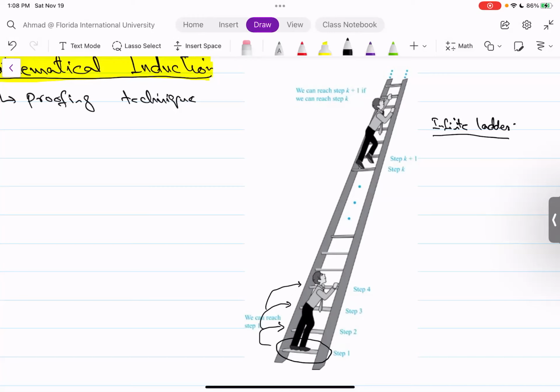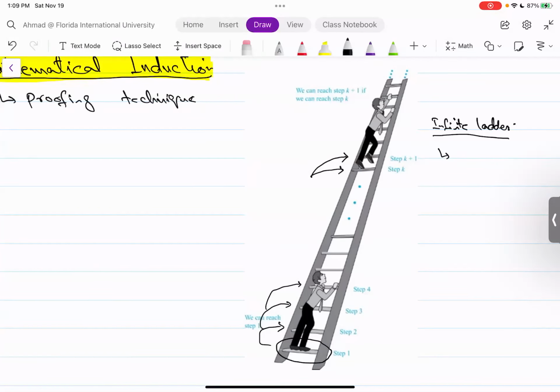By repeating those steps, I can reach any arbitrary kth rung. And if I can reach the kth rung, I have to show that I can reach the k plus one rung. So that means in that way, I can reach any rung of this ladder, right? That's how I'm going to prove it.